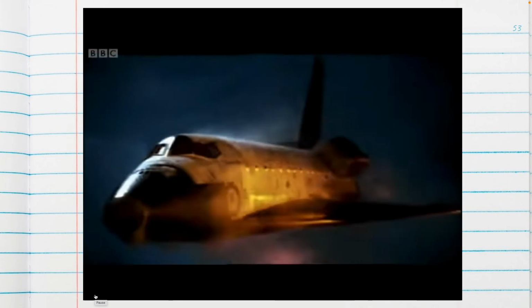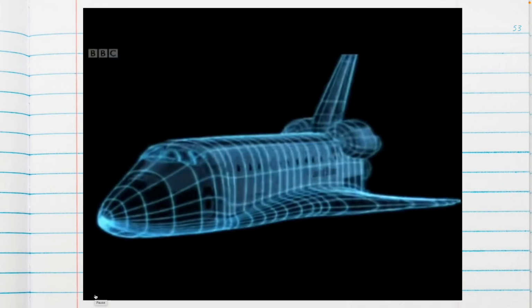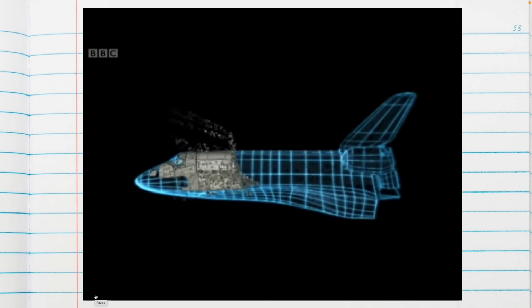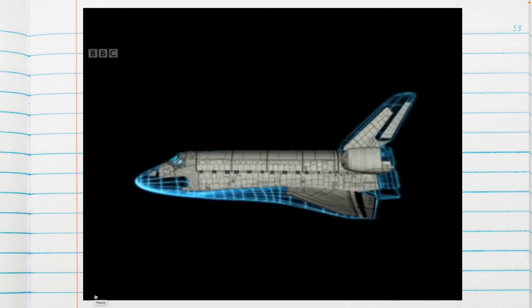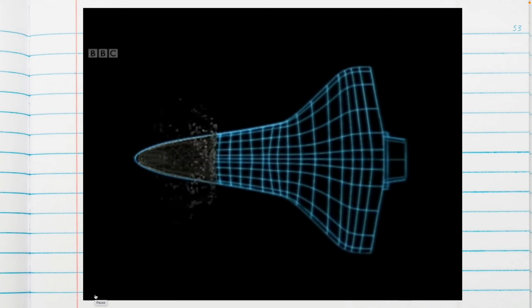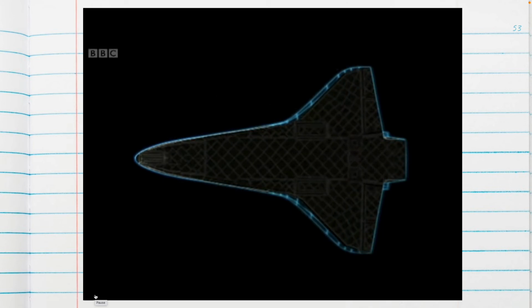The bodies of all the craft were covered in white ceramic tiles. These were known to be fragile, but could withstand temperatures of up to 1,200 degrees. The underside of the wing was coated with special dark tiles. These took the brunt of the heat and could face temperatures of 2,300 degrees.